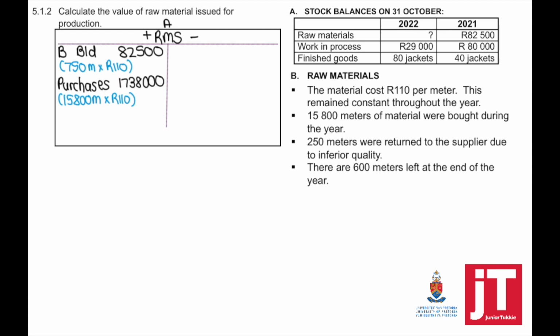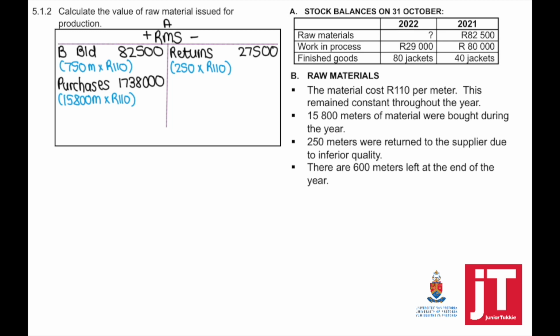So the total purchase price we need to calculate is 1,738,000. 250 meters were returned to the supplier due to inferior quality, which means that returns are going to decrease our raw material stock balance or stock account. On the credit side, I'm going to have 250 times 110, which means the returns were 27,500.